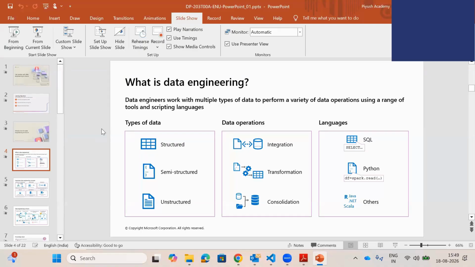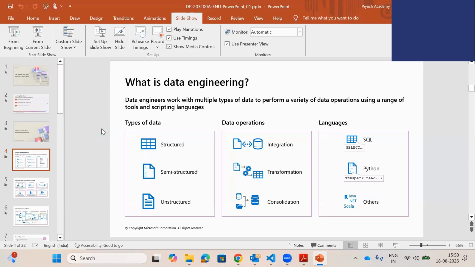I'm also DP 203 certified, and if you go for any of the certifications, even in future, in the Microsoft route, you will have only scenario-based questions.